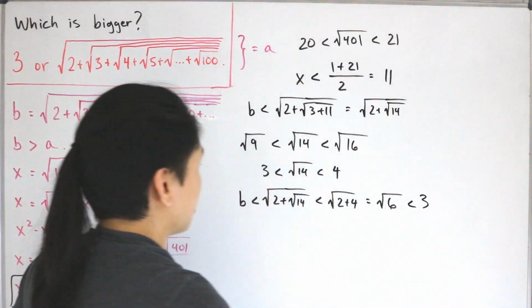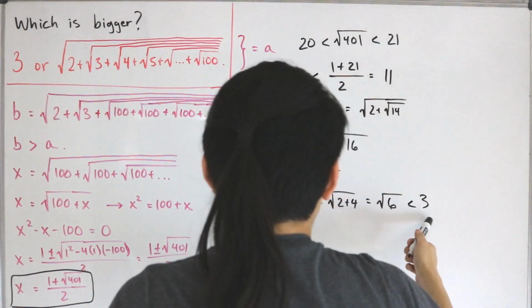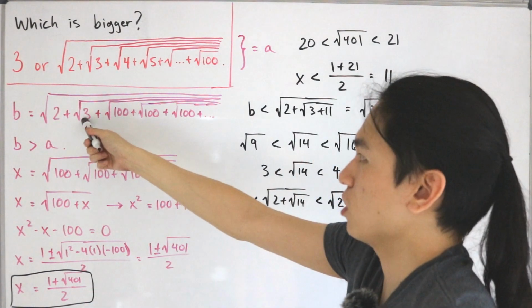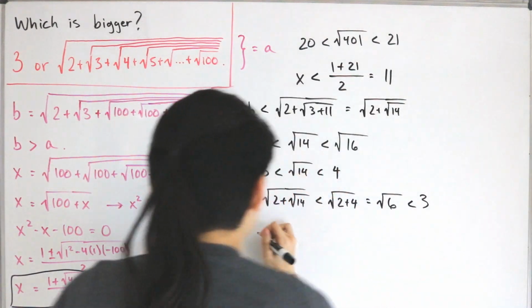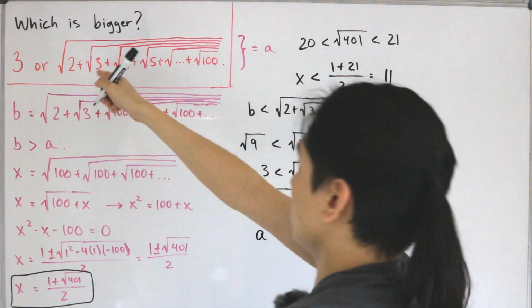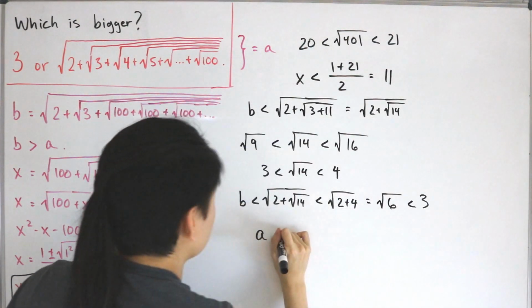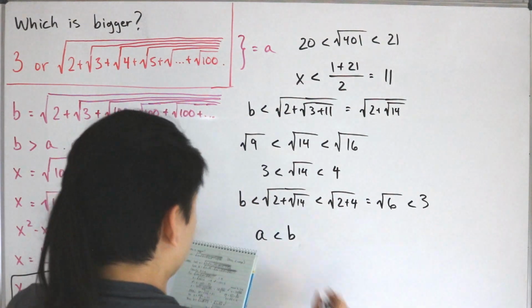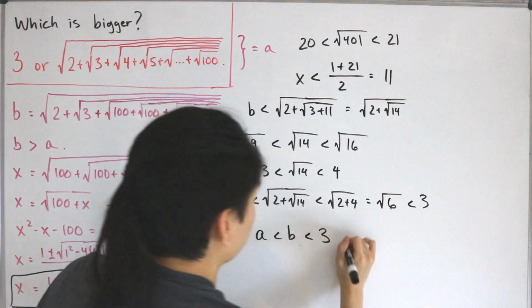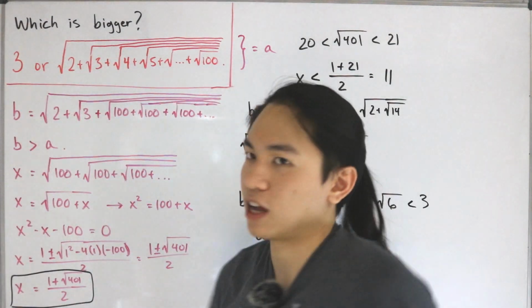So less than 3, which is a lot bigger than what we said b is, and we said that a is less than b from our given. Therefore, a, which is our given finite nested radical, is strictly less than b, and then strictly less than 3. So 3 is the bigger number out of these two. So that's one way done.